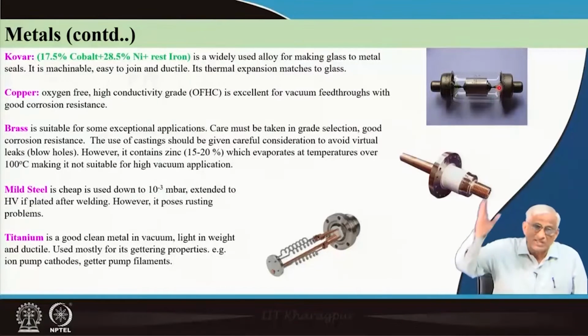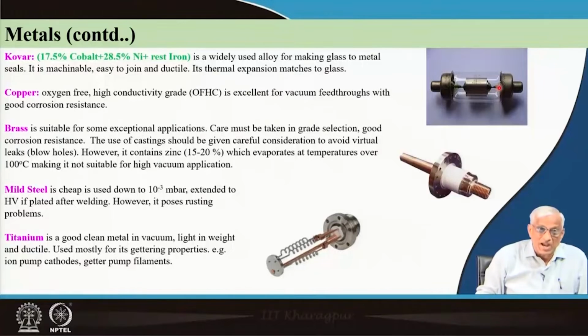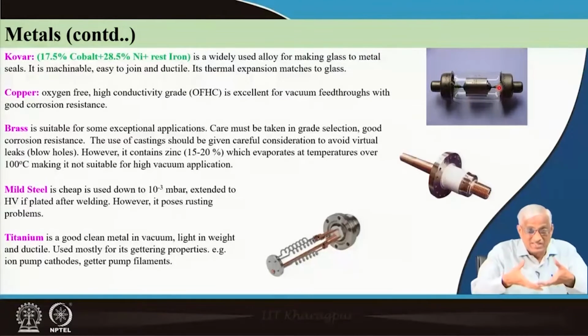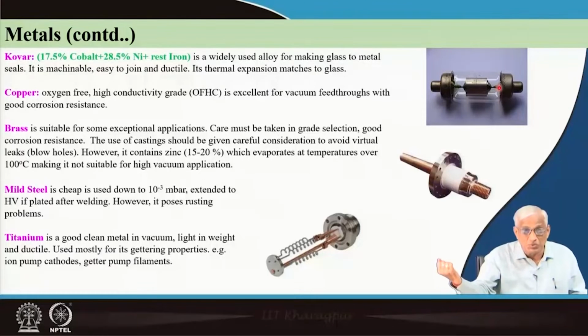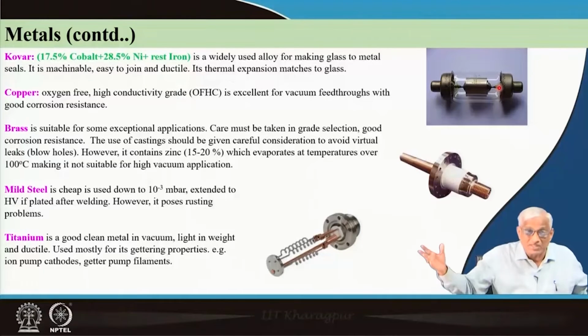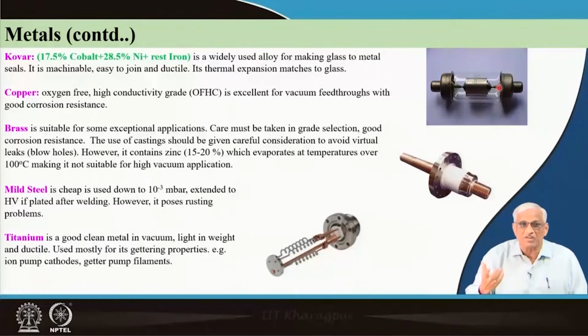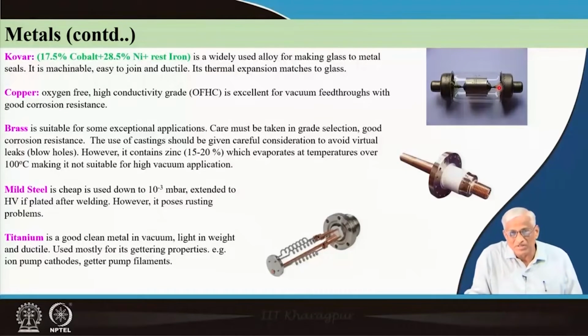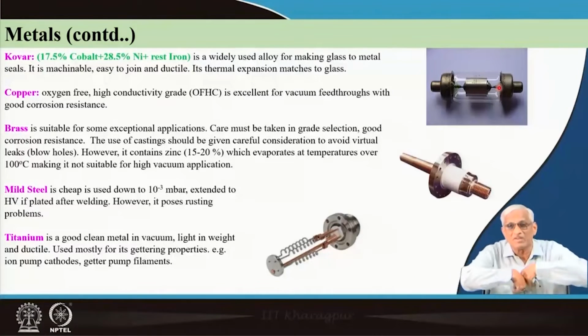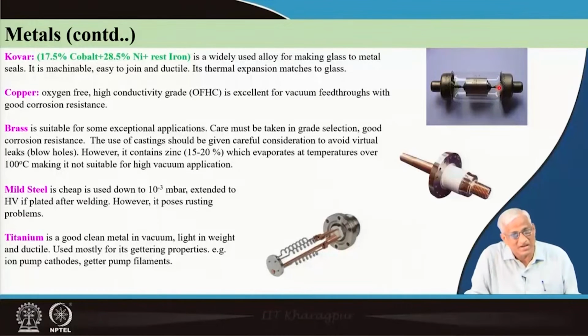A vacuum interrupter sitting in the high power lines has to stand 20 years without losing vacuum at 10 power minus 7 torr, and it has ceramic bonded to metal caps with a huge amount of copper electrodes passing high current and high voltage, 110 kV, 3 kiloamperes, and waiting for a fault to come. This is a safety interrupter. 20 years it has to work with vacuum, because you cannot have opening under atmospheric pressure, it will have a spark or arc. That is why vacuum interrupters are very useful in power systems.